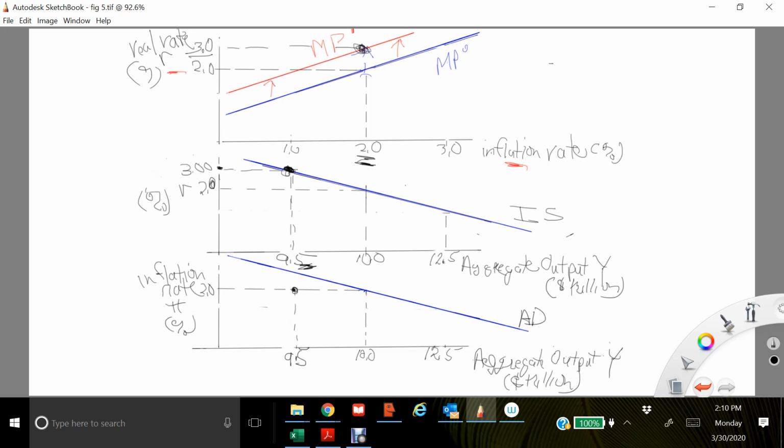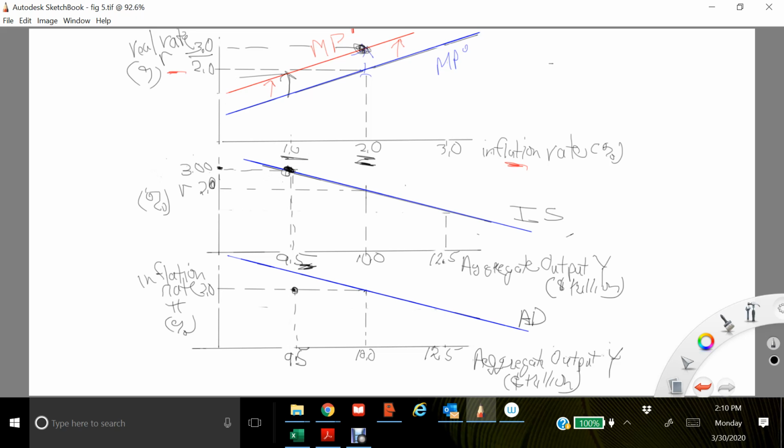And we could do that at each inflation rate. At an inflation rate of 1, we find a higher real rate.